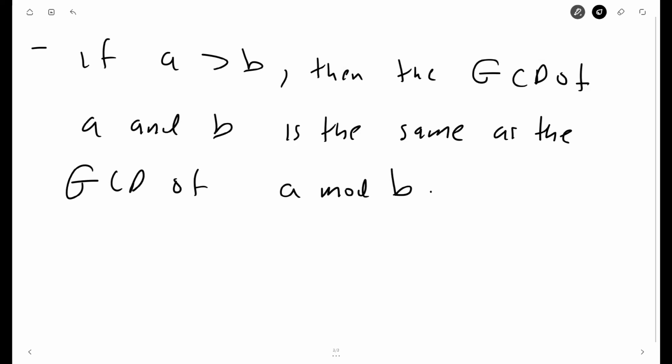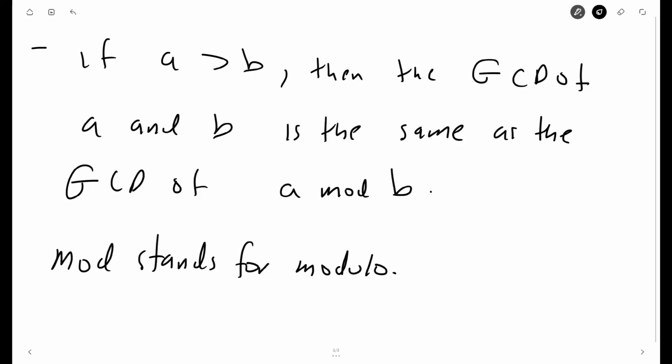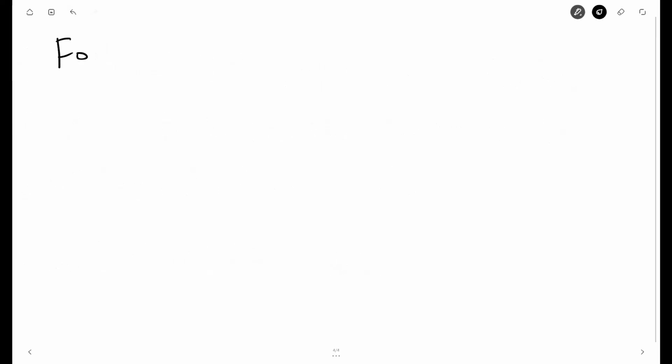So mod stands for modulo. And the formula for modulo is as follows.